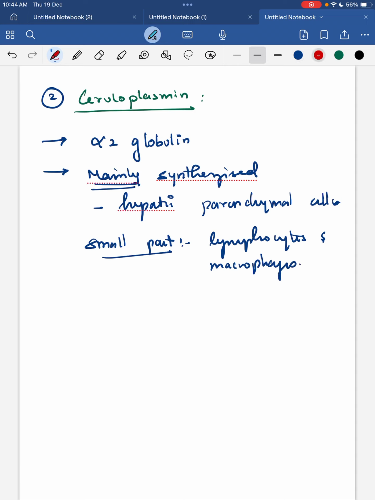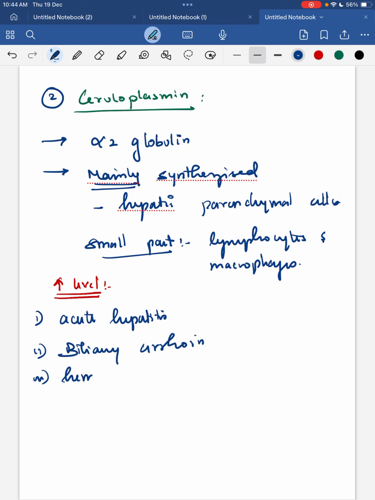Mainly during the inflammatory condition, since it is an acute phase protein. So ceruloplasmin levels are increased during acute hepatitis. Second, when the child is having biliary cirrhosis. Third, during hemochromatosis.